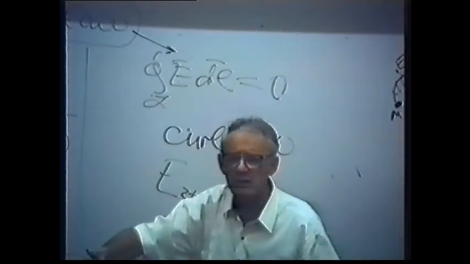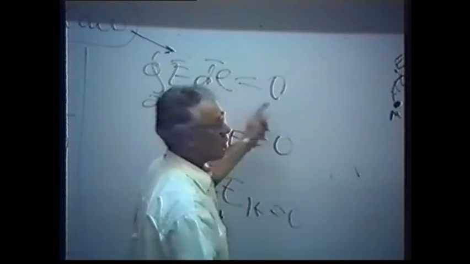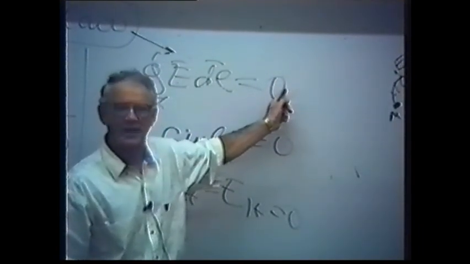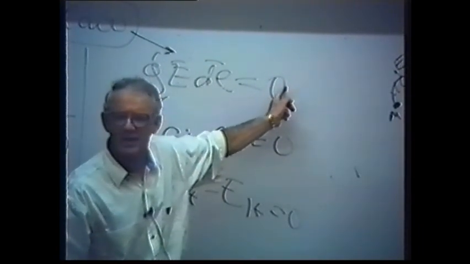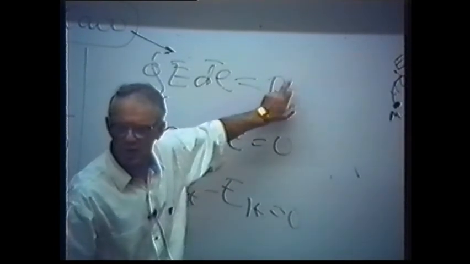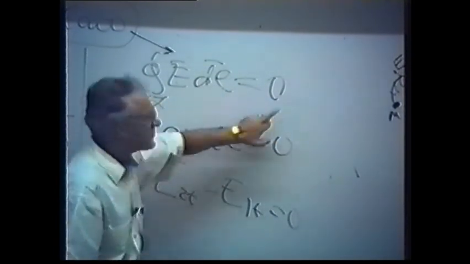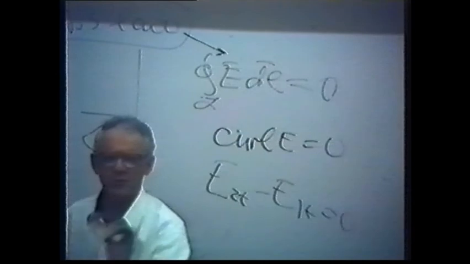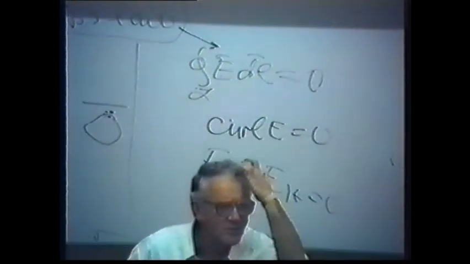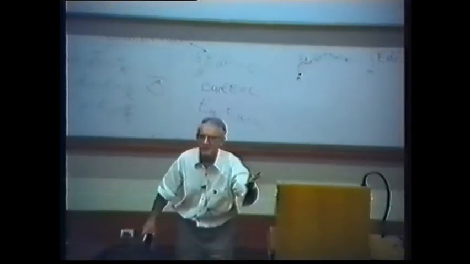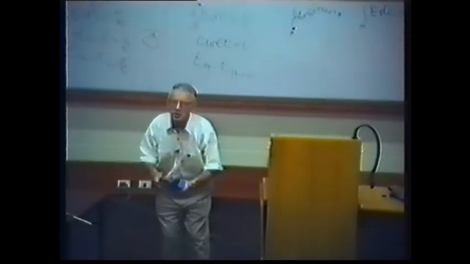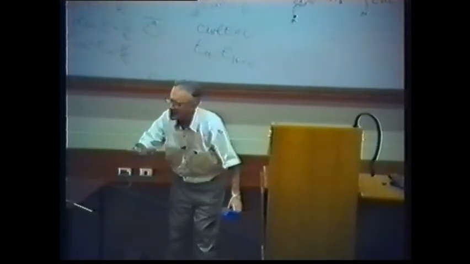But this fact follows from another fundamental fact: the electrical field is not caused by vortexes, only by charges. And from this fact follows another fundamental fact. What is it? Voltage is independent of path.